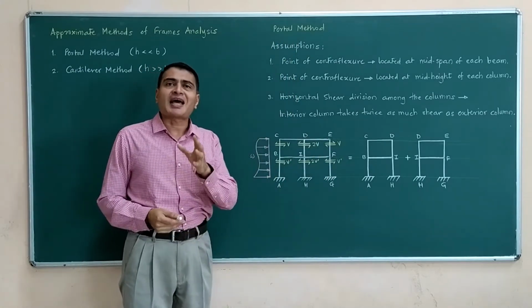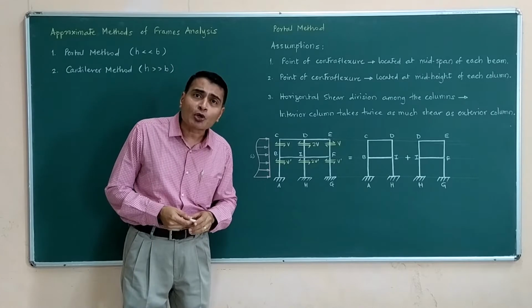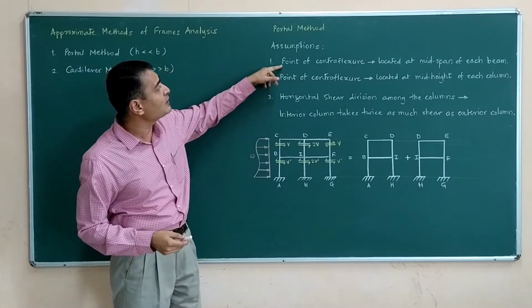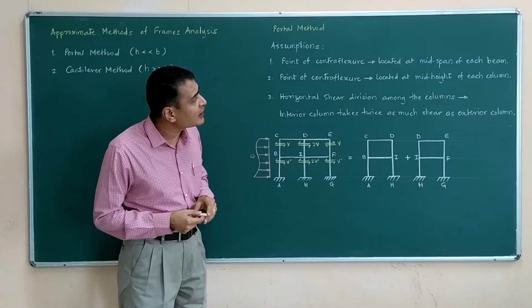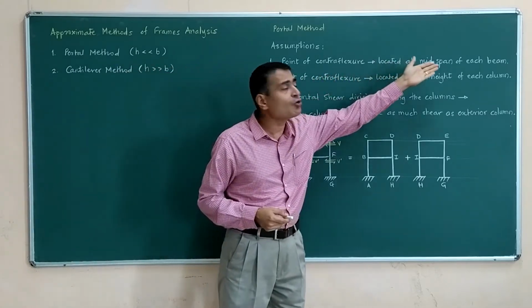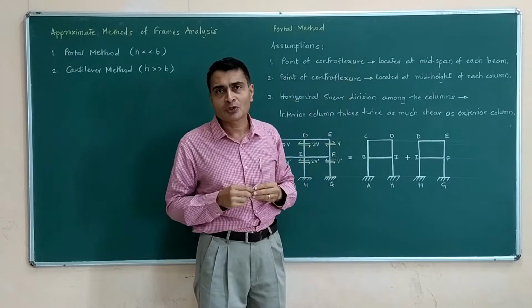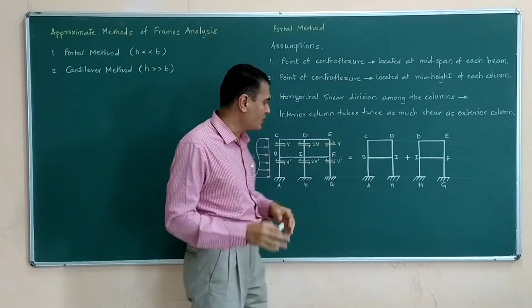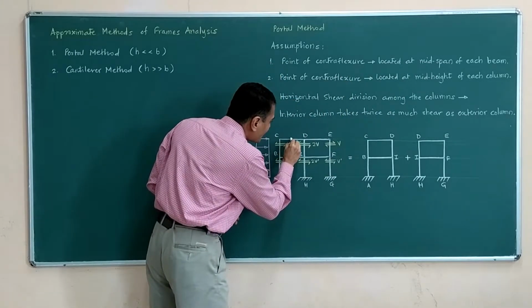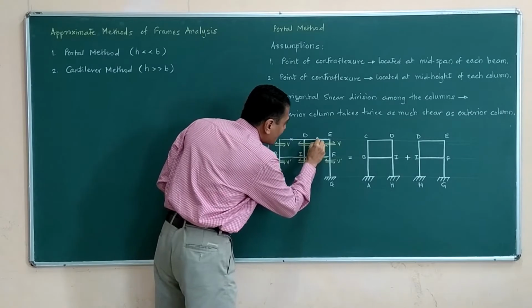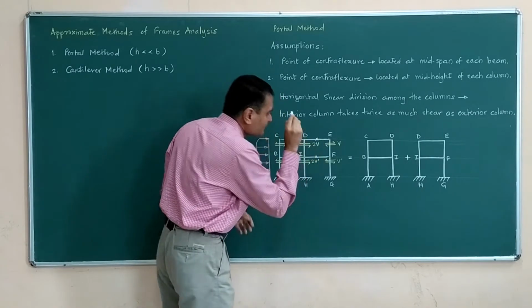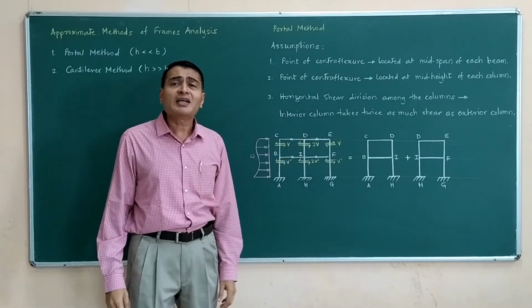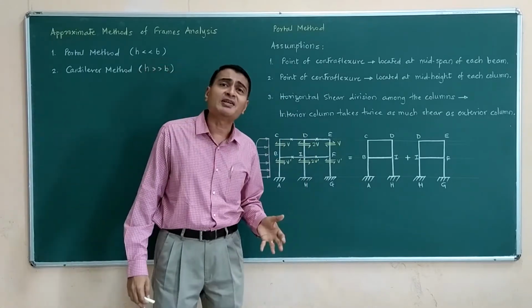There are certain assumptions made in the portal method. Number one is point of contraflexure is located at midspan of each beam. So it is assumed that the point of inflection will be located at the midspan of each beam like this. In reality, it may not lie at the midspan.